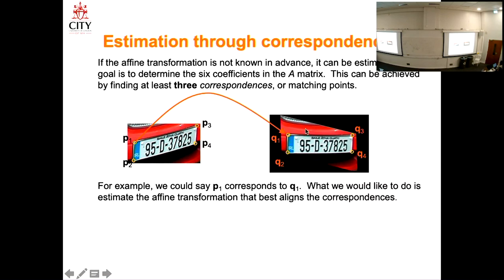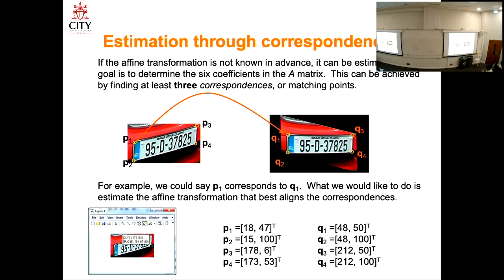So what I need to do is I have 4 points, but I need to write a function that can translate this image to this image. So from 4 points, do it for the rest of the points. So we are now estimating through correspondences. You can open an image in MATLAB, just look at the points.